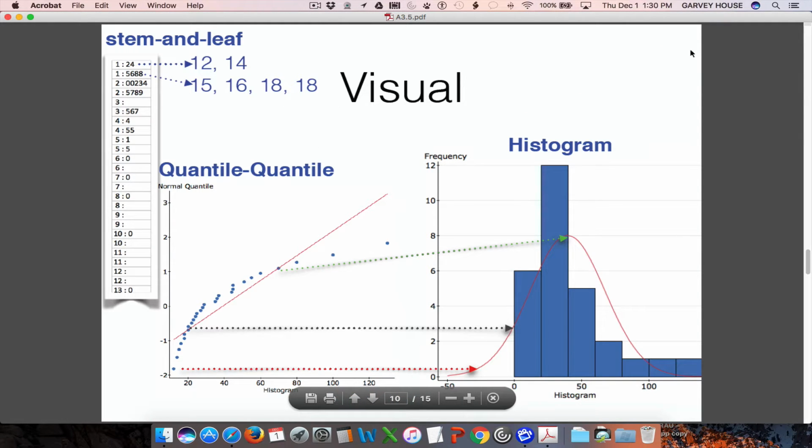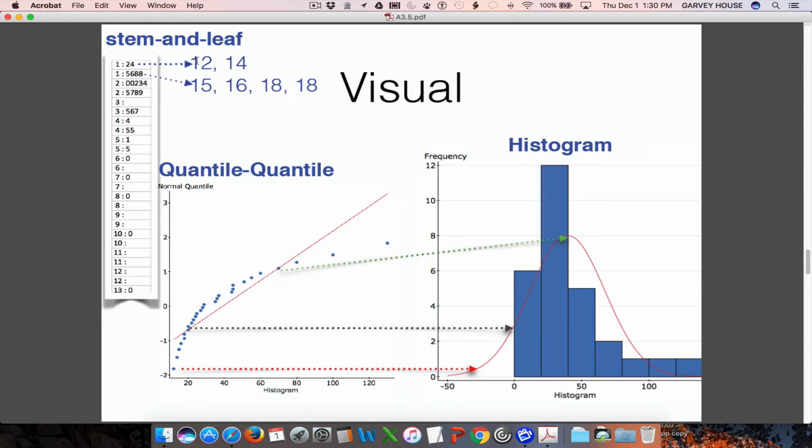So now let's turn to the visual components, and I'll begin with the stem and leaf plot, and I'll show you how to interpret this. The interesting thing about a stem and leaf plot is that you are using the actual data from your data file in generating a visual representation. So in this first row here, you have 1 colon 2 4.